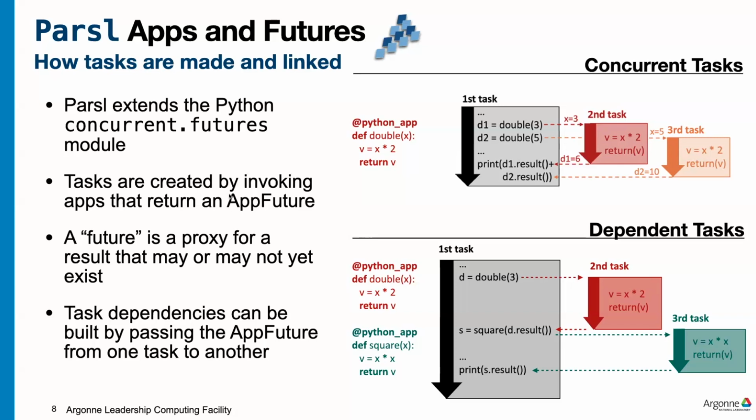So here is an example where you have a Python app that just doubles a number. When you create these two tasks, it's not like running a native Python function where D1 completes and then D2 completes.